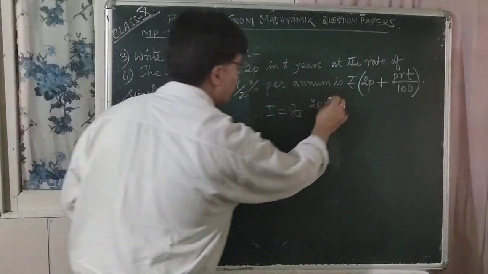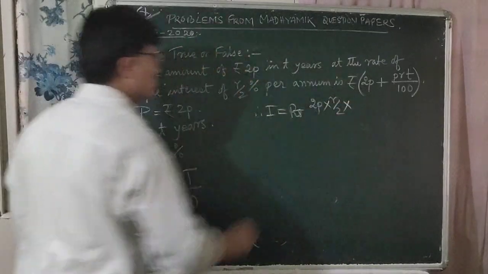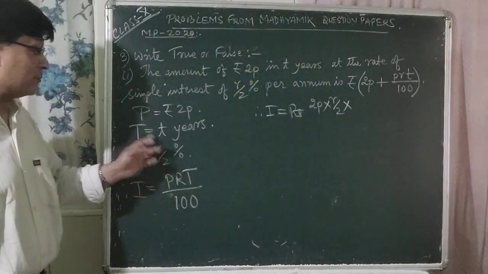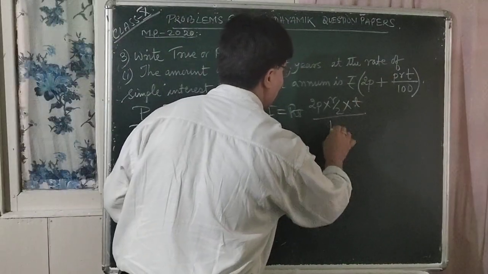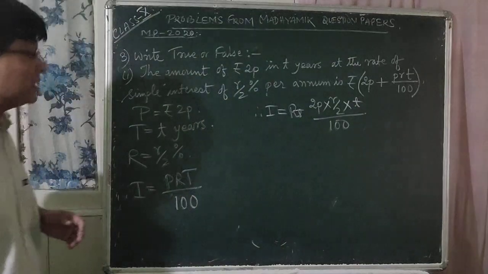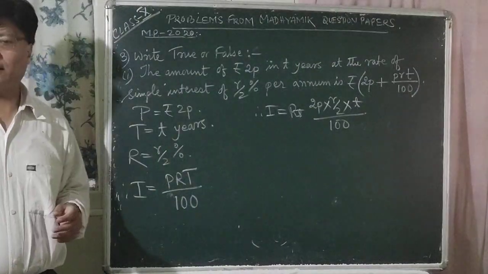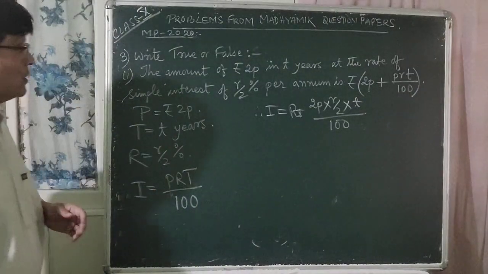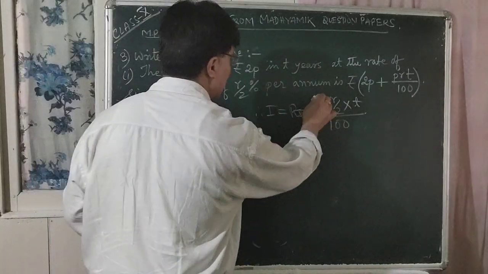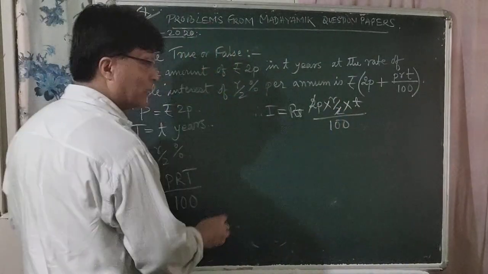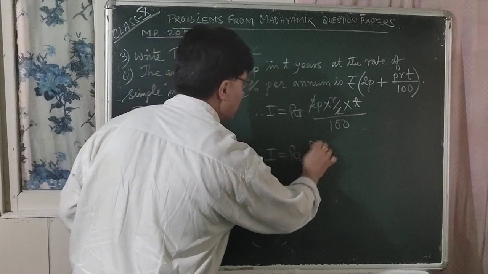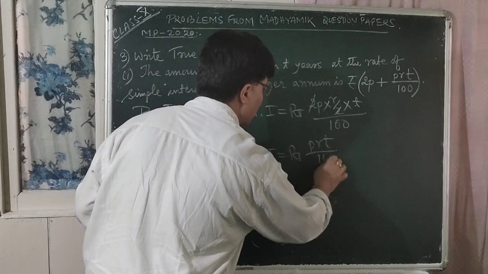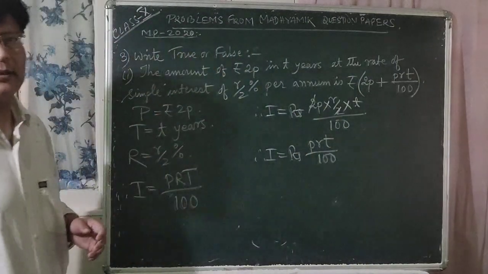R by 2, into, what is the time here? It is small t, divided by 100. By formula, it is divided by 100. Okay? So now, in this case, this 2 gets cancelled. Therefore, I is equal to rupees PRT upon 100. So this is your interest.